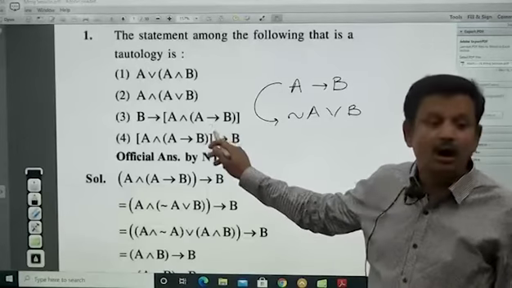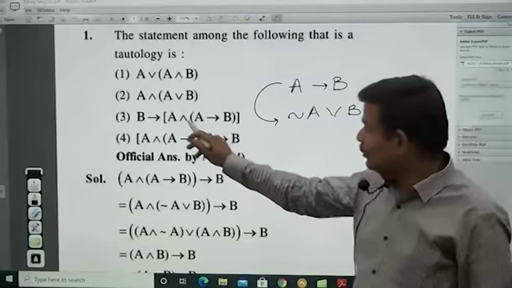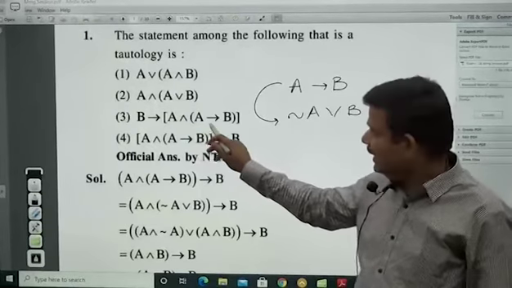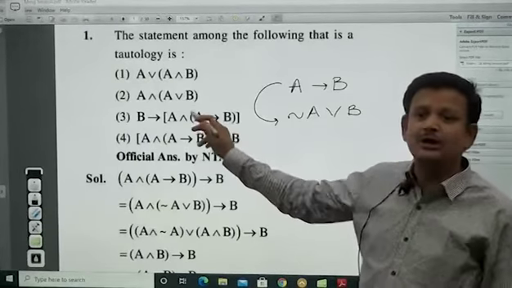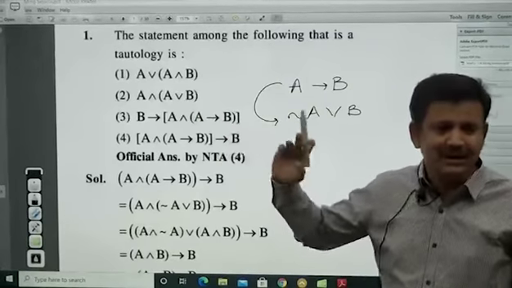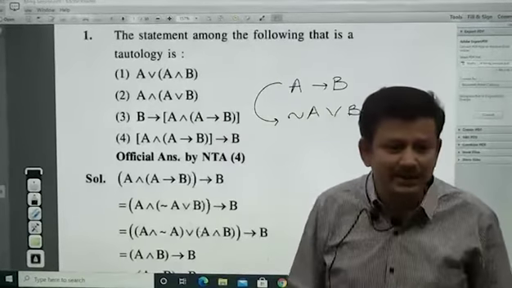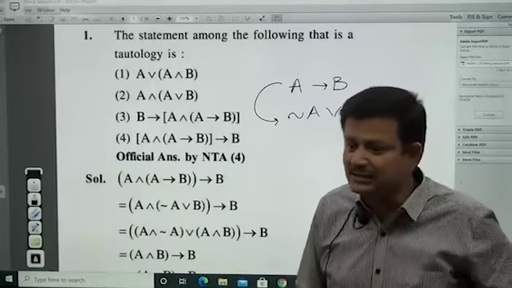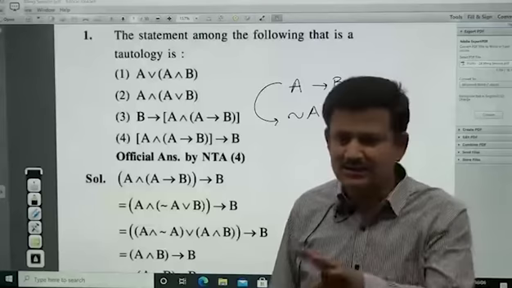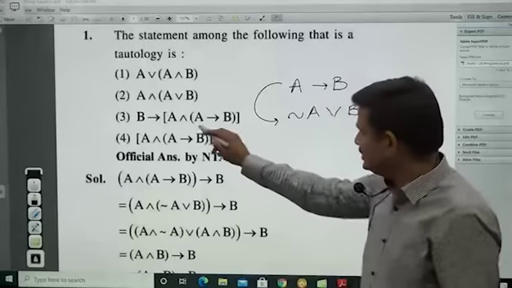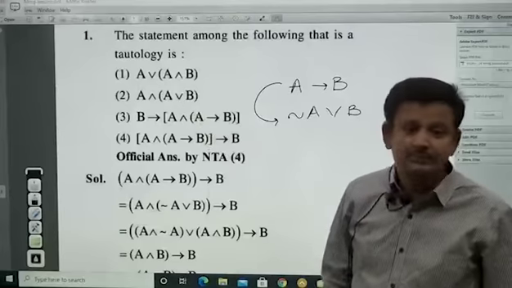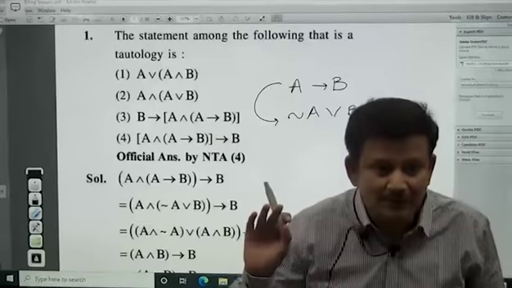Negation A or B. Now A intersection, A and negation A or B. When you are talking about A and, will negation of A have an impact there? No, right? A intersection negation A is null set. So A intersection negation A will not have anything. So this is as good as A and B. Are you able to get me?